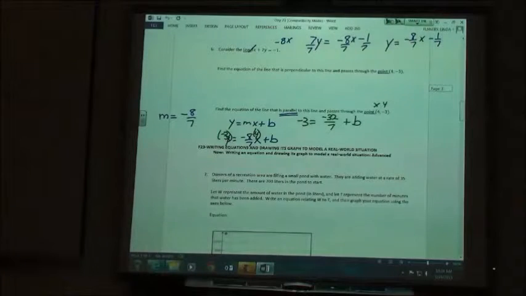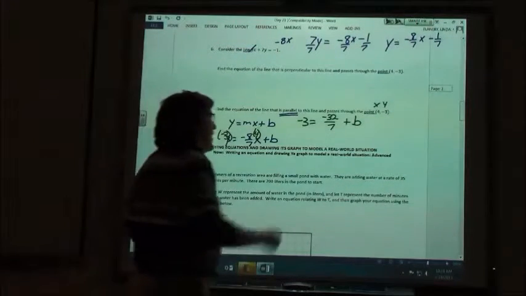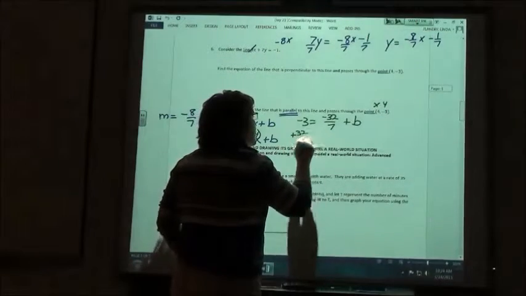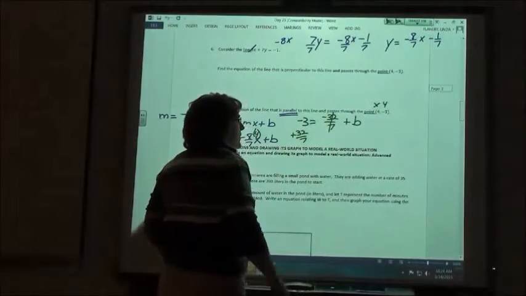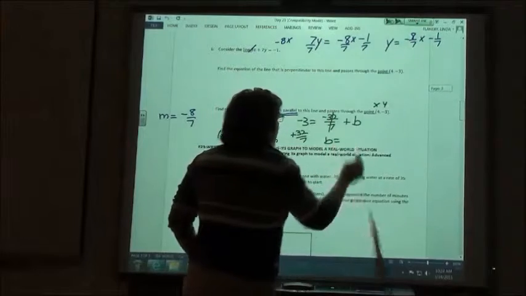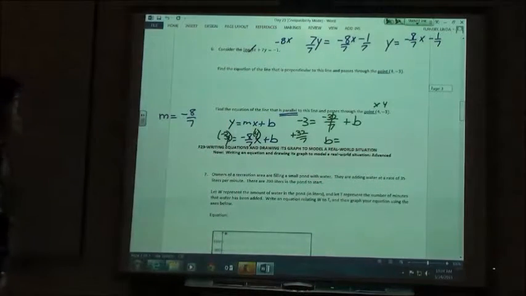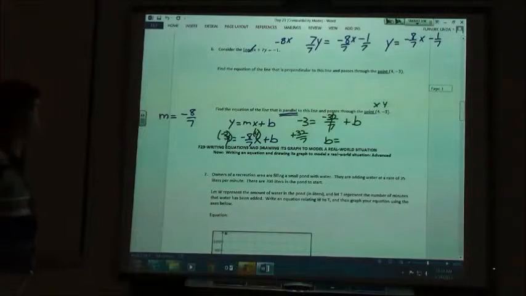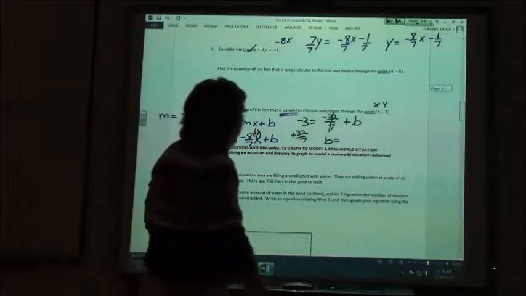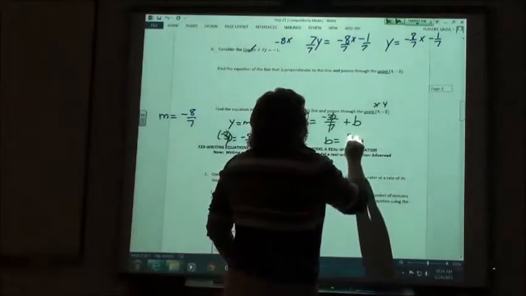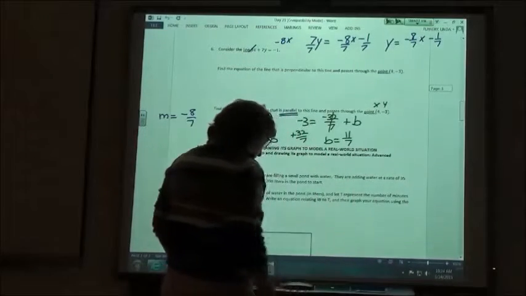And if I want to solve that for b, I'm going to add my 32/7. Which is going to be, b is going to be 11/7.